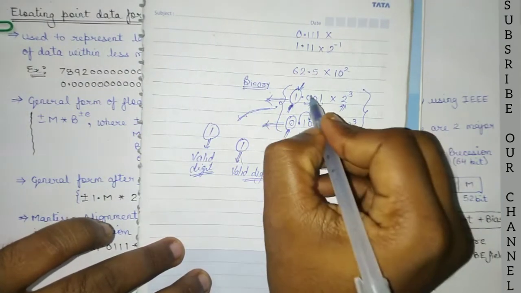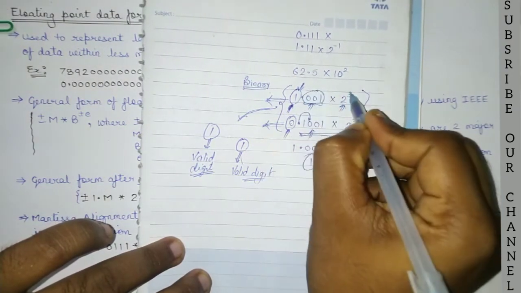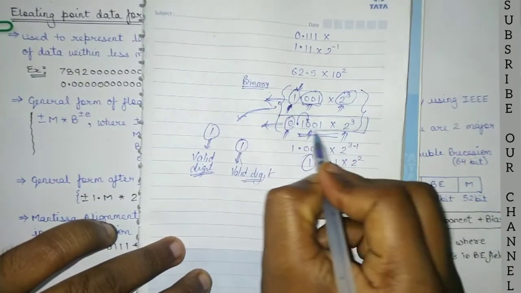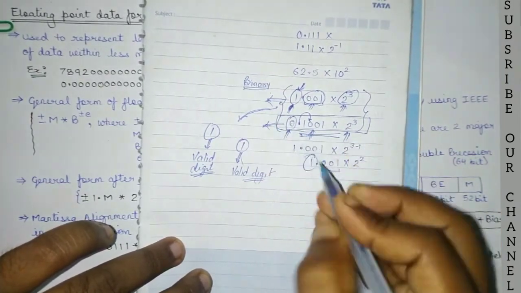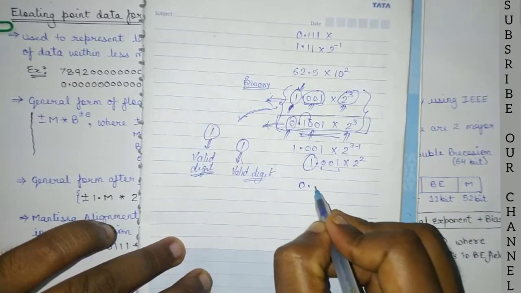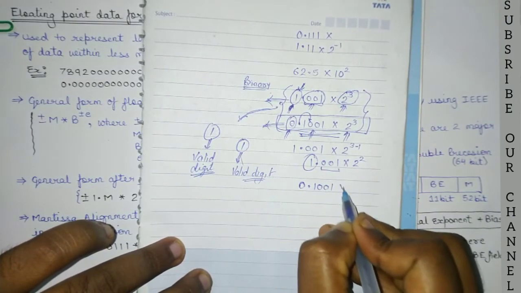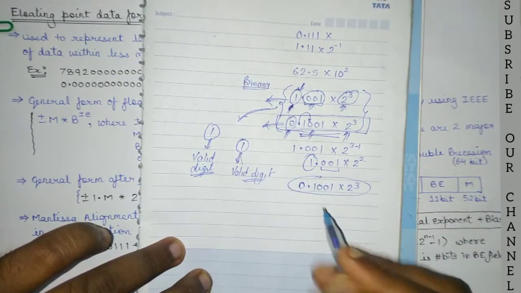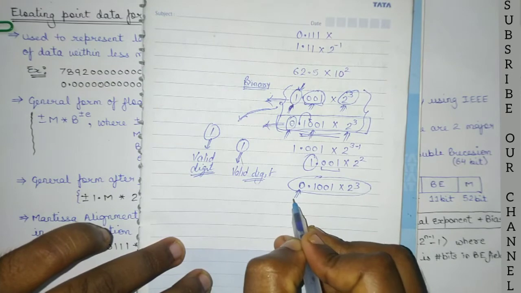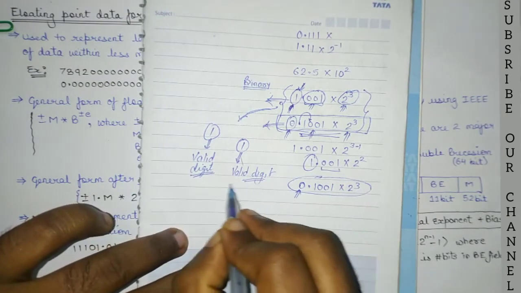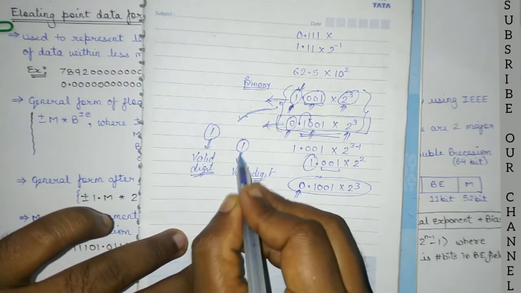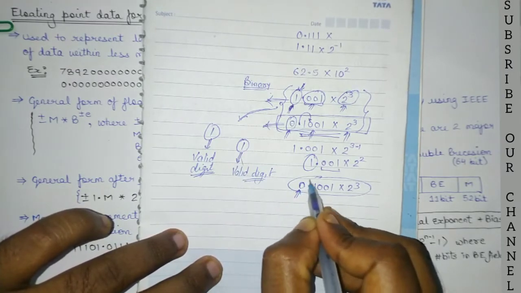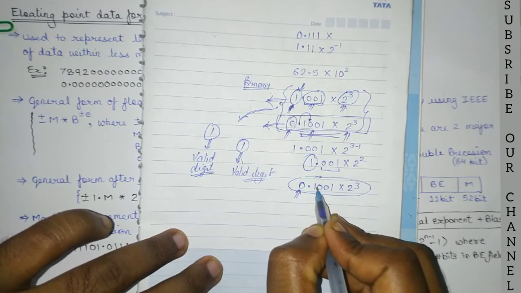Whenever we are storing, we would store this particular value along with this detail. Similarly, if I have to store a value like 1001 into 2 to the power 3, and here we have 0, what we have to do is make it in such a way that 1 is the valid digit which comes over here. So we fix the decimal point over here.